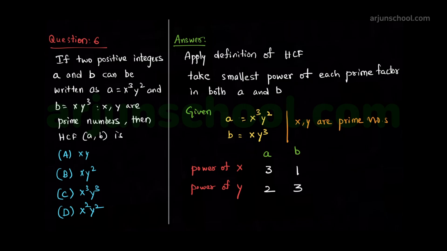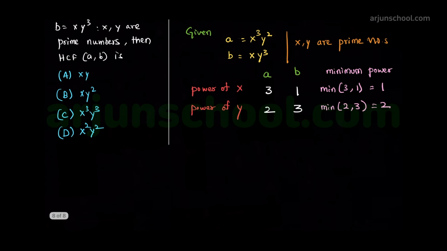Now to find the HCF, we need to find the minimum powers of x and y. The minimum power of x in a and b is minimum of 3, 1, which is equal to 1. The minimum power of y in both a and b is minimum of 2, 3, which is equal to 2.